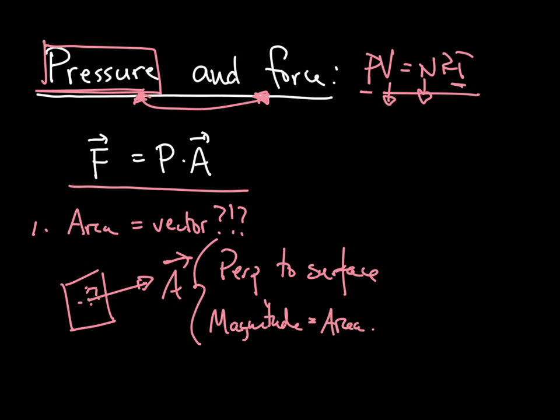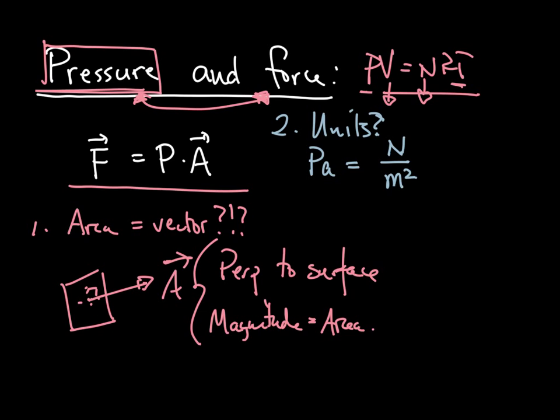The second thing that we should think about is, okay, what are our units? The SI unit of pressure is called the Pascal, which is abbreviated Pa, and it is equal to a Newton per meter squared.